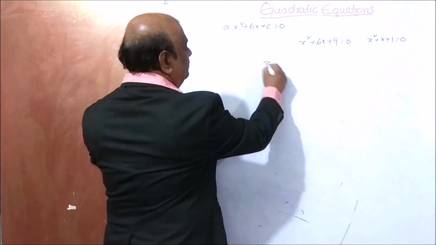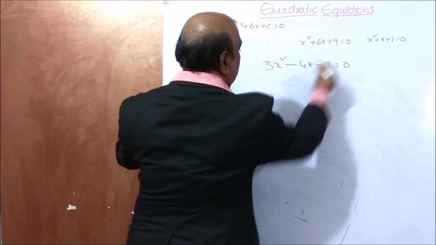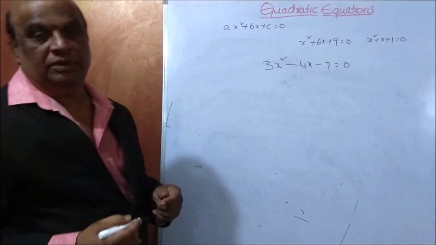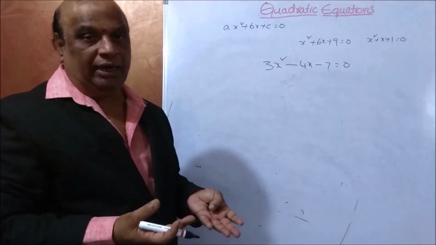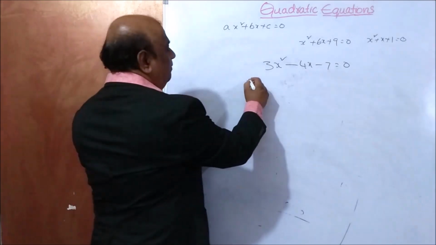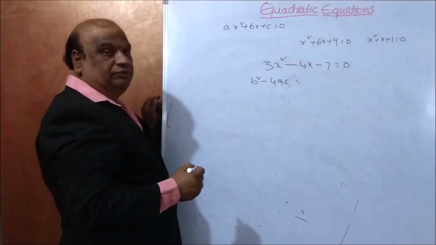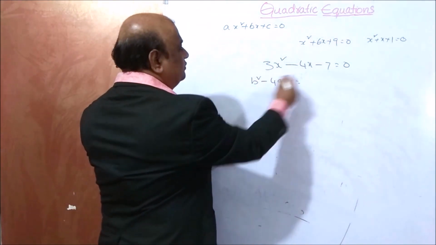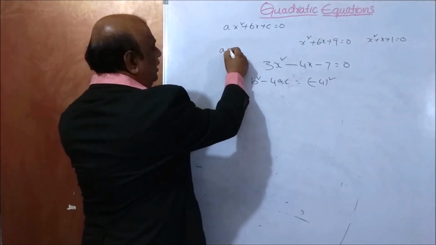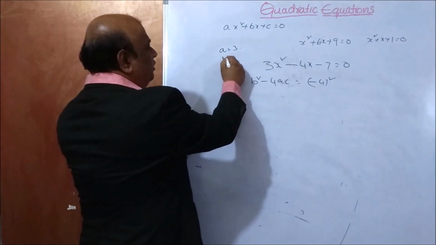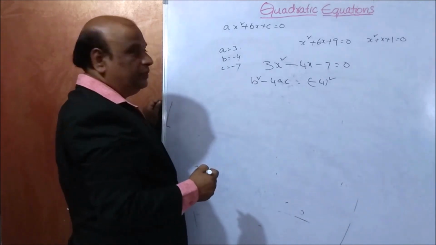3x square minus 4x minus 7 is equal to 0. This is the equation. What is the nature of the roots here? First you have to find the b square minus 4ac value. I will write here a is equal to 3, b is equal to minus 4 and c is equal to minus 7.